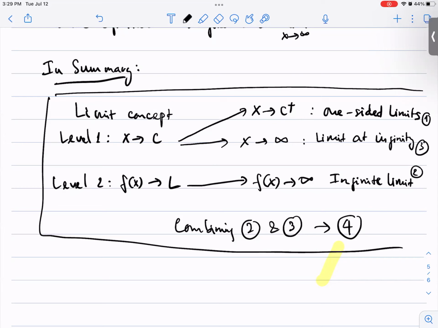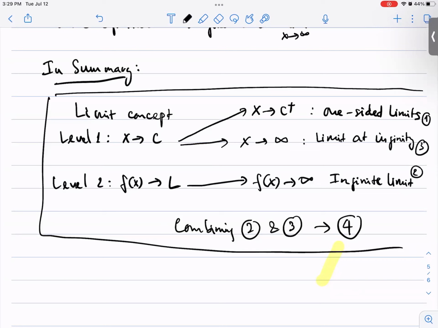We can extend the concept at level 1 by different methods. Instead of x approaching c, we can let x approach c plus or c minus, which leads to one-sided limits. Another extension is to let x approach infinity, which leads to the notion of limit at infinity.